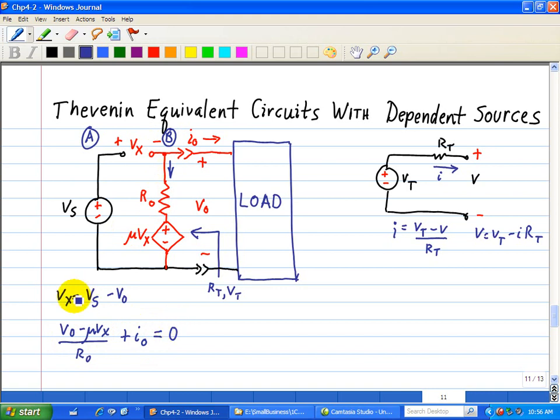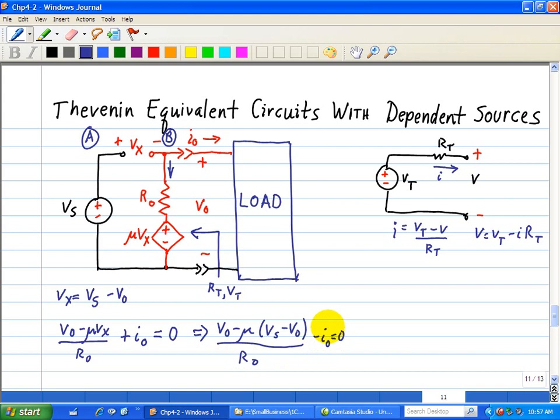Now we use the relationship that we just have for Vx, which is equal to Vs minus VO, and we substitute it in here. So that implies that VO minus mu times (Vs minus VO), all over RO, minus IO is equal to 0.